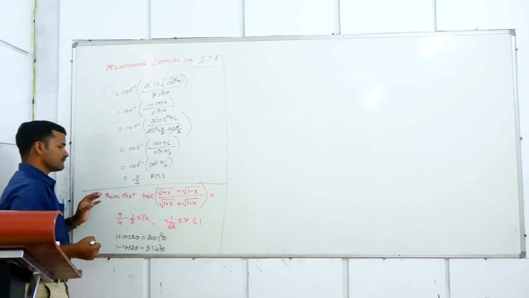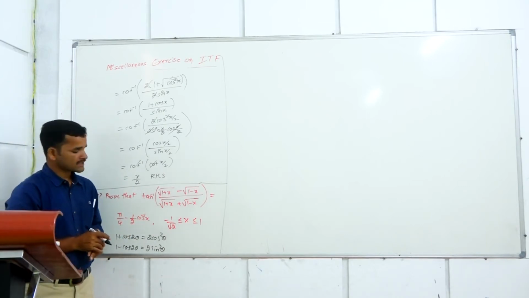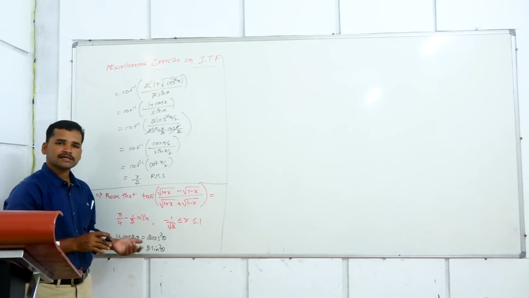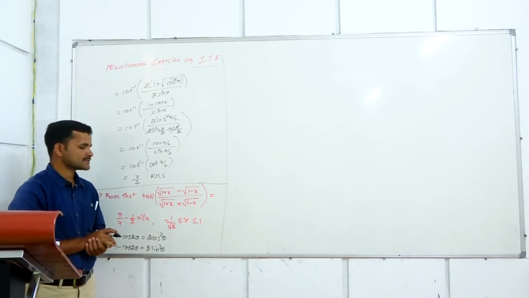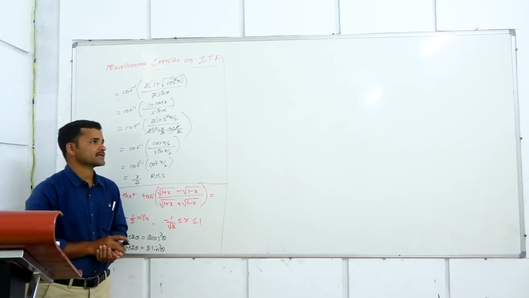You see, if I substitute x is equal to cos 2 theta, this simplifies the problem. Square is there, the root and the square will get cancelled out. Root 2 will be common. We saw that you can simplify it.